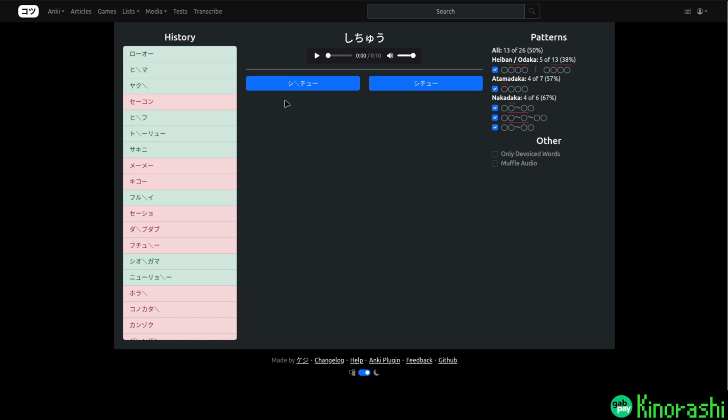See, this says it's nakadaka, and this says it's heiban. And this sounds like nakadaka.